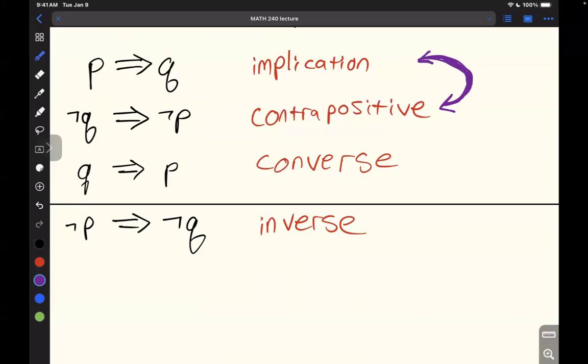If we have some sentence in the form of P implies Q, then it's useful to know that the converse is when you just swap them around, or the inverse is when you negate each one. But the inverse is not logically equivalent to the implication. Only the implication and the contrapositive are logically equivalent.